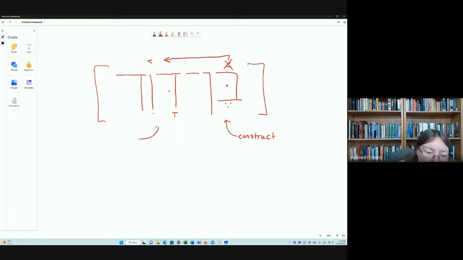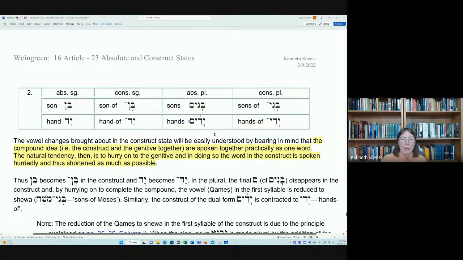So thus, as a matter of fact, I would dare say that we got ours based on what the Hebrews did, given that Hebrew is in fact the original language. But so thus the accent moves and the vowel reduces. Same thing over here. When we come to yav, hand, well, when it is in construct with another noun, the accent moves and the vowel reduces.